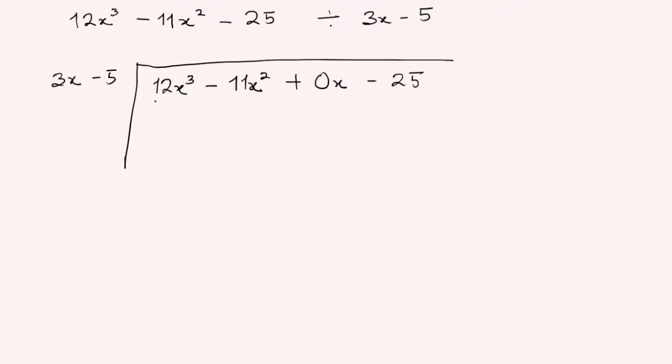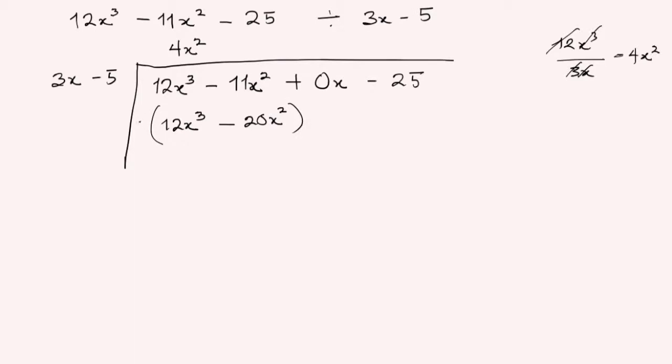So let's go. We have 12x cubed divided by 3x, 4x squared. So 4x squared multiplied by 3x is going to be equal to 12x cubed, and 4x squared multiplied by minus 5 is equal to minus 20x squared. Now we're subtracting the entire expression here.